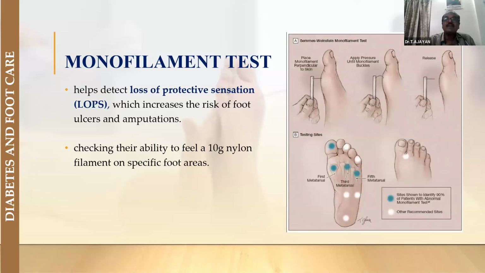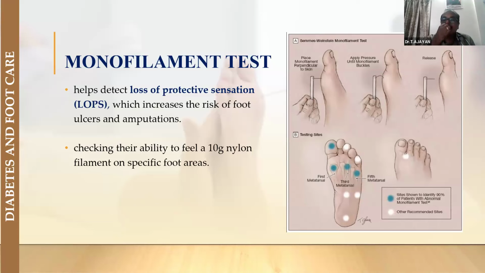You place the monofilament perpendicular to the skin, apply pressure until the monofilament buckles, and then release it. The testing sites are the first, third, and fifth metatarsal areas, and also the big toe.